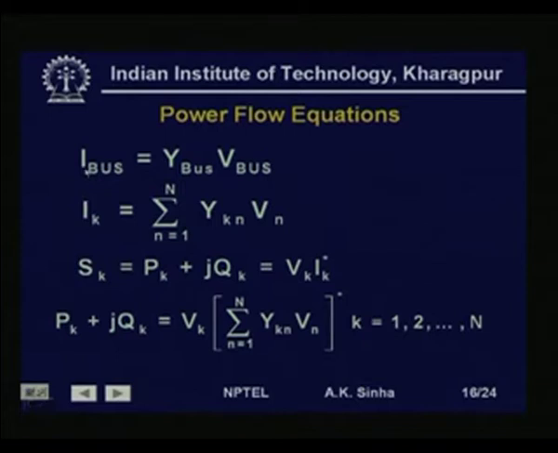Now, we will see how we can derive the power flow equations. Again we go back to our basic equation: I bus is equal to Y bus into V bus, and if we take any particular bus injection, then Ik will be equal to summation Ykn into Vn.